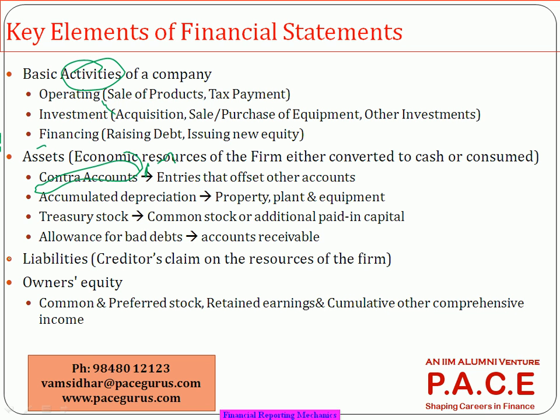Whatever the profit the company has generated during a particular year, that entire amount belongs to the owners itself. Owners means shareholders also included. Whatever the profit you generate in a particular year, that entire money belongs to the owners itself, right?